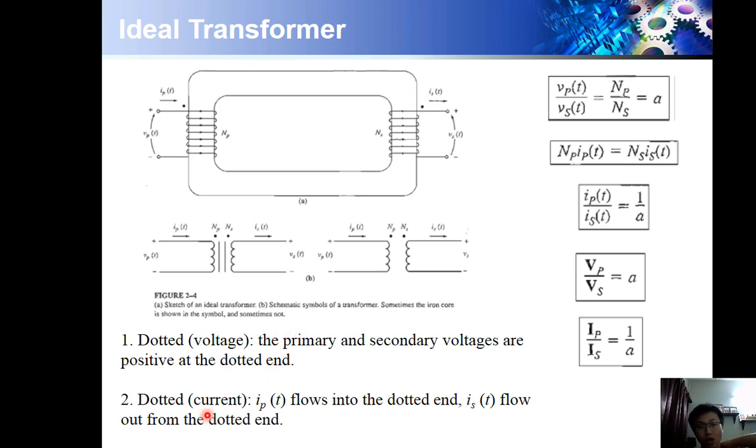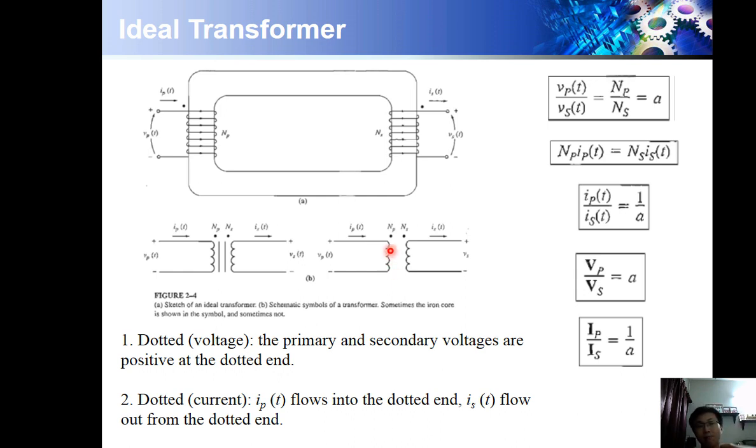The dot also indicates that IP flows into the dot. The primary current flows into the dot, while the secondary current flows out from the dot. One goes inside, the other goes outside. This one is with an iron core, and this one is without an iron core, which means it is with air.